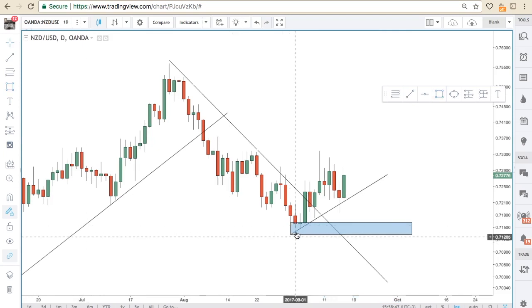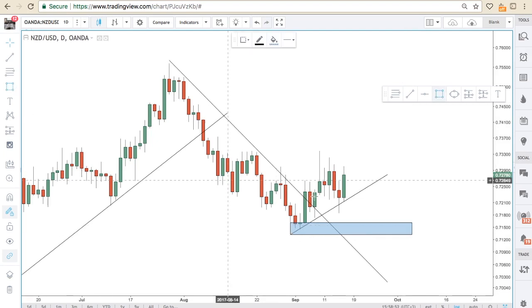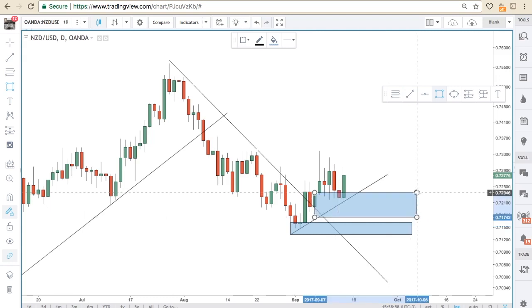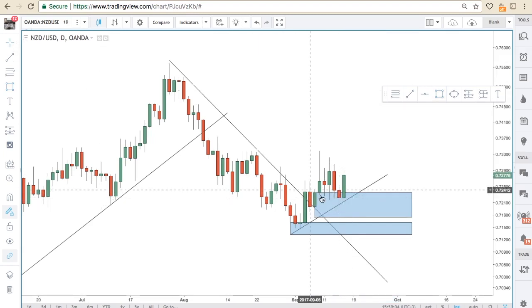So this would be our demand zone. Then we have another daily demand zone here, from the bottom of this wick to the top of this candle. And as you see, price is reacting off of this demand zone.